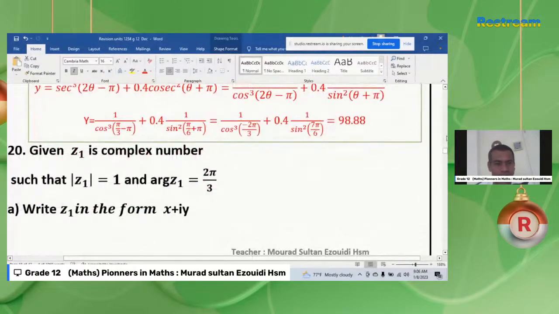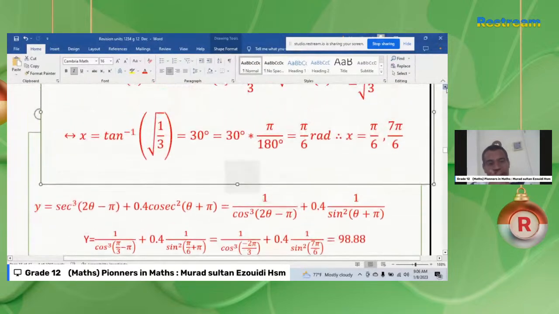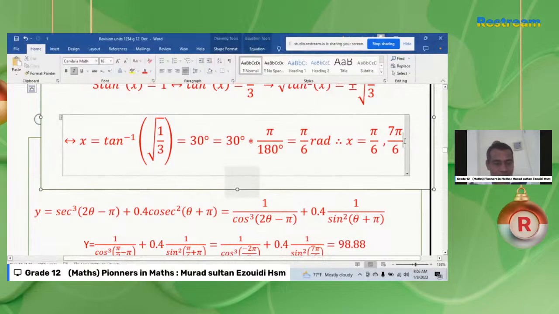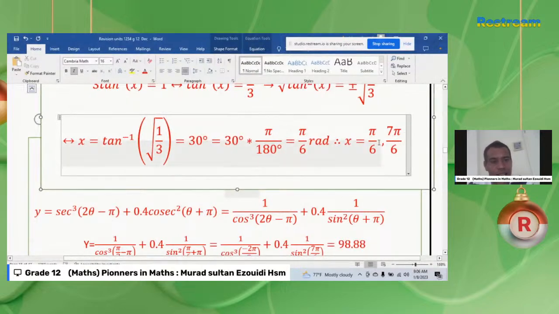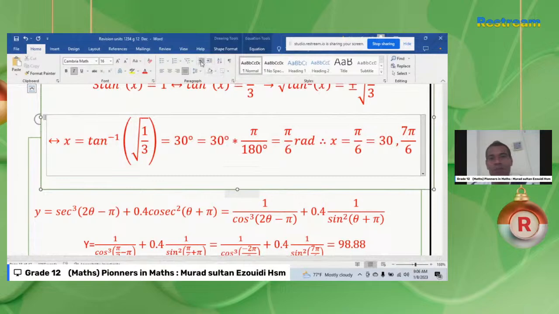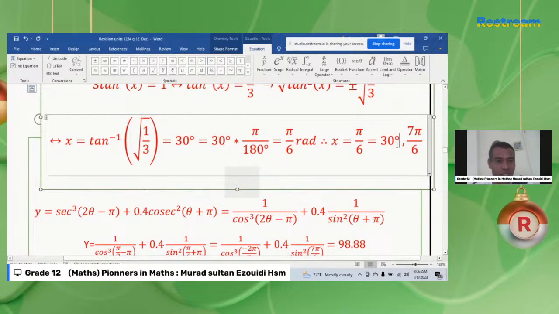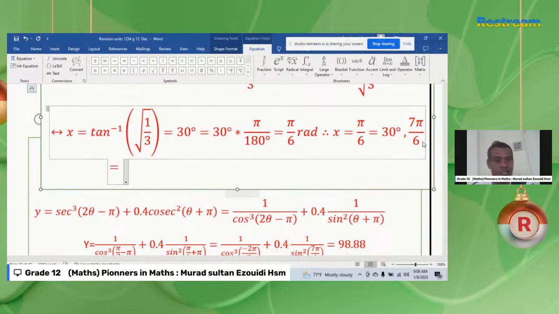We can also write it in degrees: pi over 6 is 30 degrees, and 7 pi over 6 is 30 degrees plus 180, which is 210 degrees.